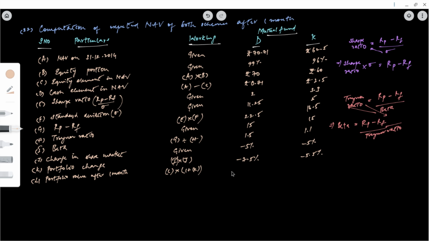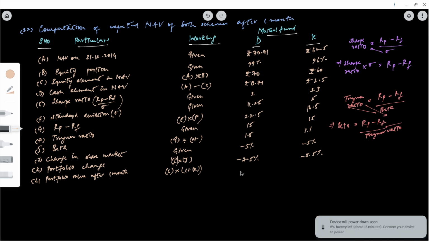So it will be 70 into 1 plus minus 7.5%, that is 0.925, is rupees 64.75. And in the next case it will be 60 into 1 plus minus 5.5%, that is into 0.945, that is rupees 56.7. Okay.